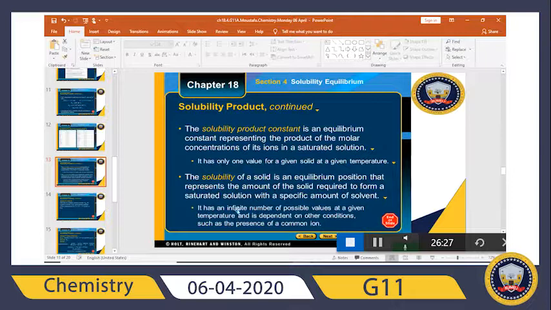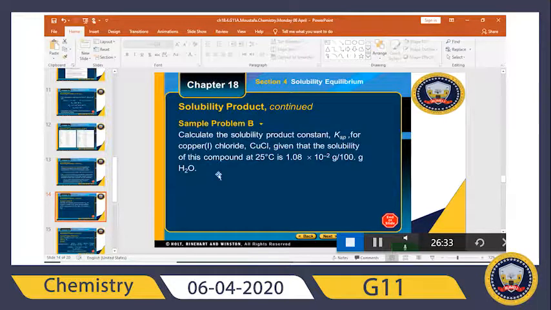Okay, we understand this, the solubility constant, and the meaning of solubility. We explained it in the beginning. Okay, sample 2. Calculate the solubility product constant Ksp for copper(I) chloride, CuCl, given the solubility of this compound at 25 Celsius. So it should be at a specific temperature.